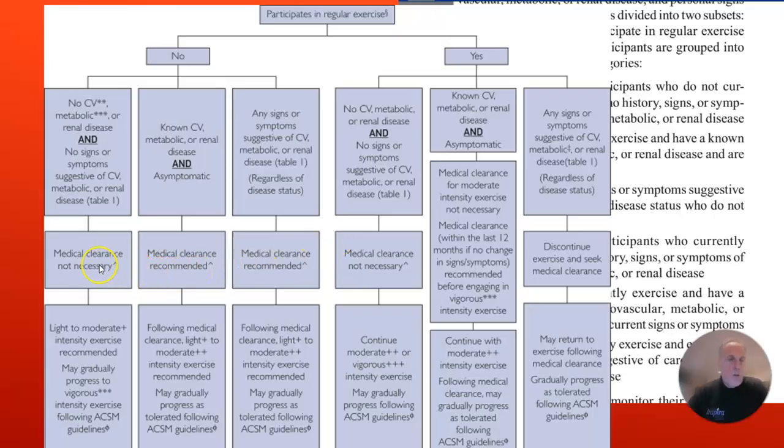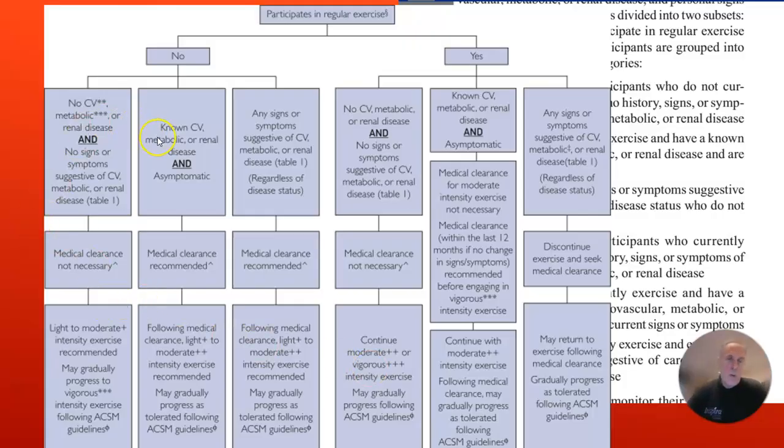For medical clearance not to be necessary, the person has to show no metabolic, cardiovascular, or renal disease, and no signs or symptoms. Notice that for both of those, no clearance is necessary. Where it differentiates is that the person who is not familiar with working out starts with light to moderate intensity, whereas the person who does work out can continue with moderate or vigorous intensity exercise. So notice the nuance there.